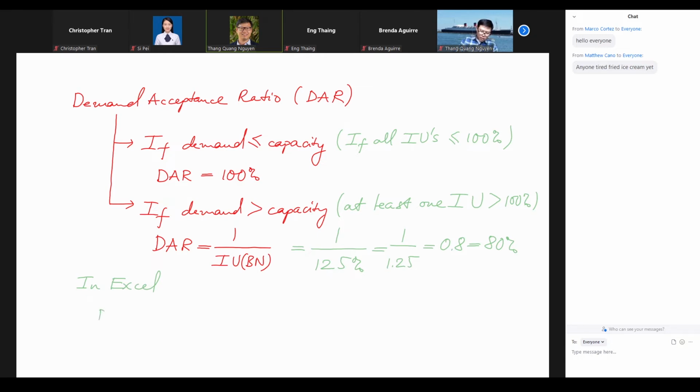The DAR equals the minimum between 100% and the number below 100%, and the number below 100% equals 1 divided by the maximum among the IUs.